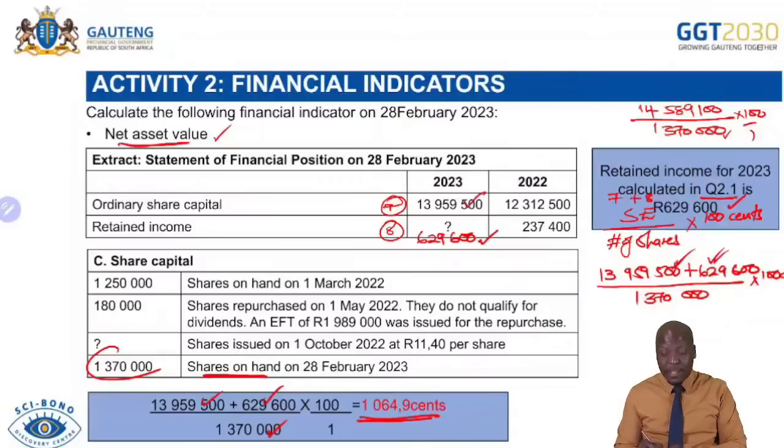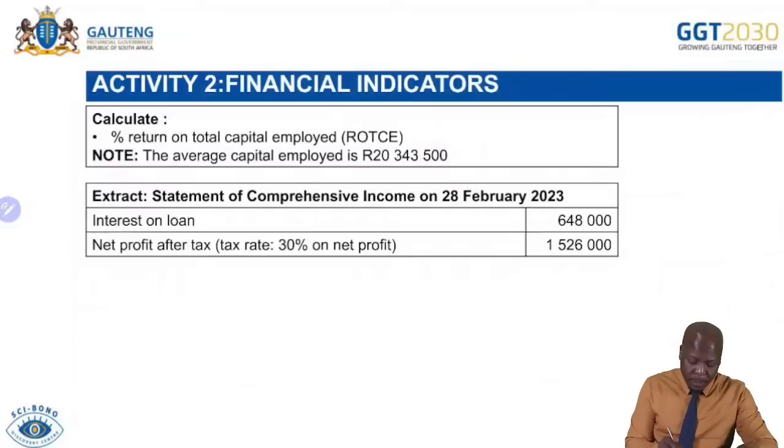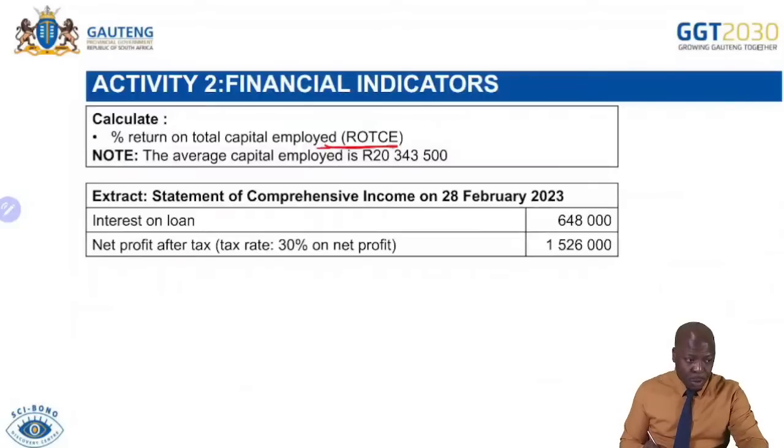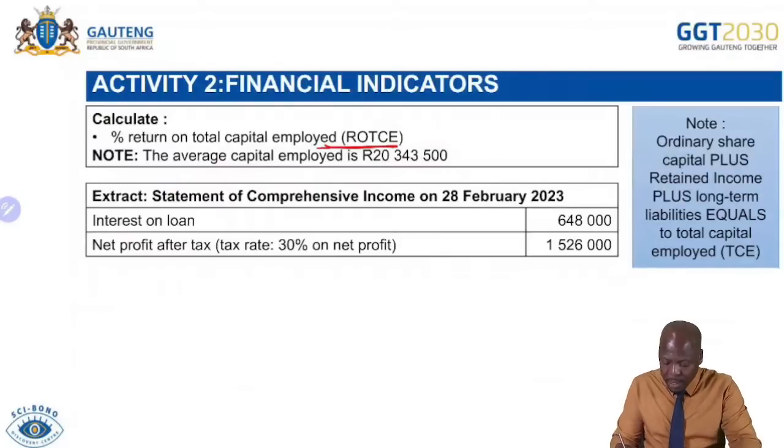All right, let's see if we can do another calculation. The next calculation required is to calculate the percentage return on total capital employed. So we're talking about the ROTCE. Now, it is very important that you know what your total capital employed is.